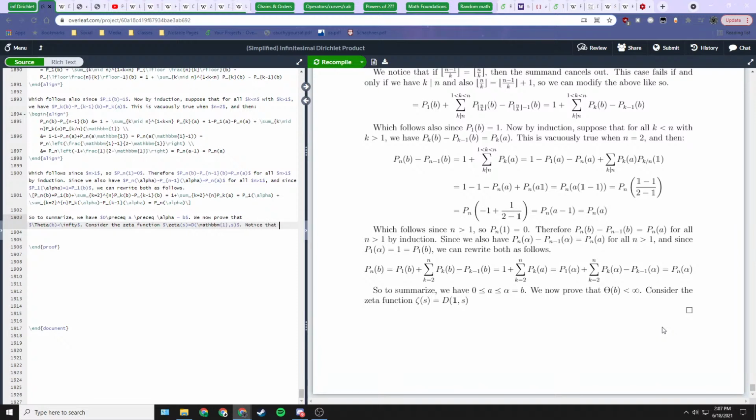So notice that over real values r in 1 exclusive to infinity, exclusive, the zeta function is, sorry, let's actually do this.